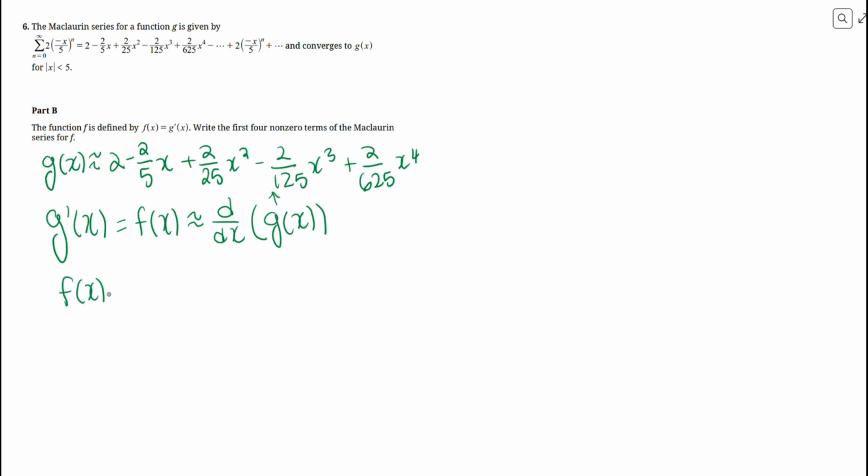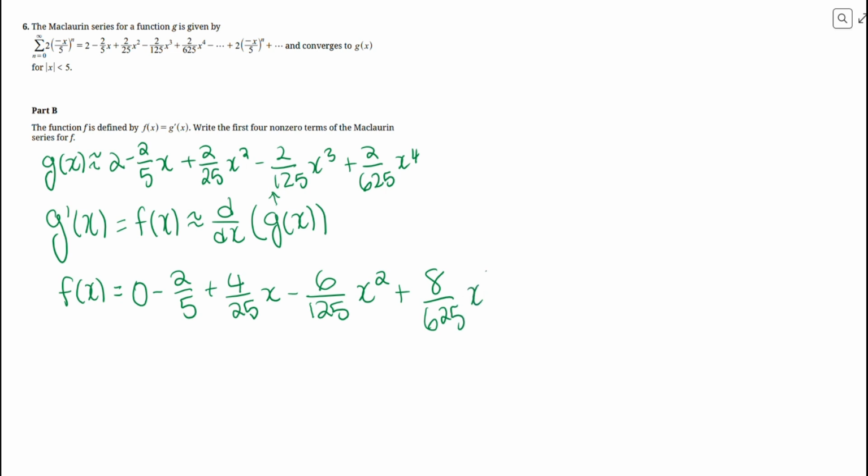That means that f of x just equals 0 minus 2 over 5 plus 4 over 25 x minus 6 over 125 x squared plus 8 over 625 x cubed.